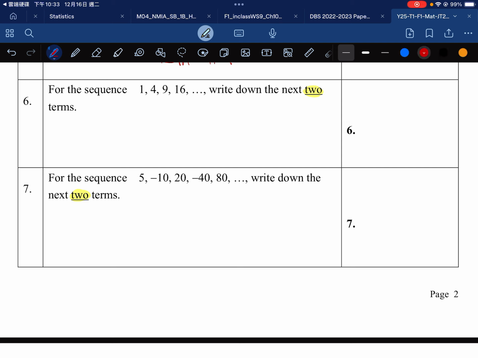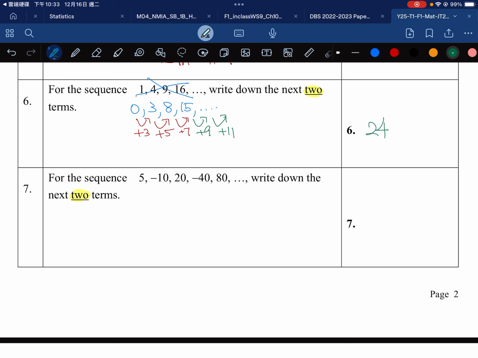Your question is 0, 3, 8, 15, etc. There are 2 ways to approach these questions. The easy one is plus 3, plus 5, plus 7, and then you think the pattern follows plus 9 and plus 11 for the next 2 terms. So therefore, 24 and 35.